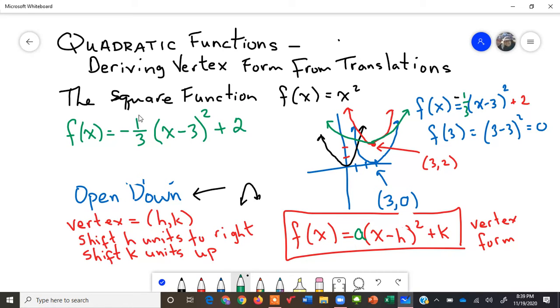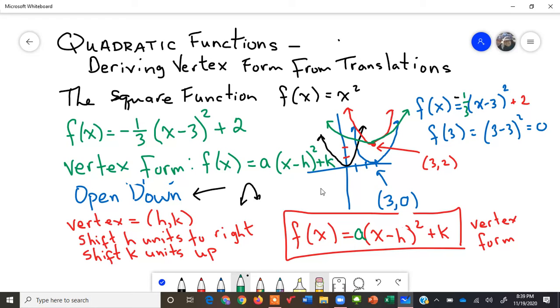So f of x equals negative 1/3 times the quantity x minus 3 squared plus 2, and that corresponds in general to the vertex form f of x equals a times the quantity x minus h squared plus k. And there we have vertex form of a quadratic function.